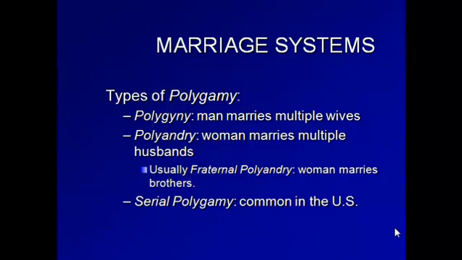So for instance, in one region of South India, where land is extremely scarce and the inheritance of land is very restricted, a woman marrying multiple brothers allows land to stay within the family and not have to be divided between the brothers. So if a nuclear family is created with multiple brothers and one wife, then the land of that family remains in multiple hands of the brothers instead of separated.